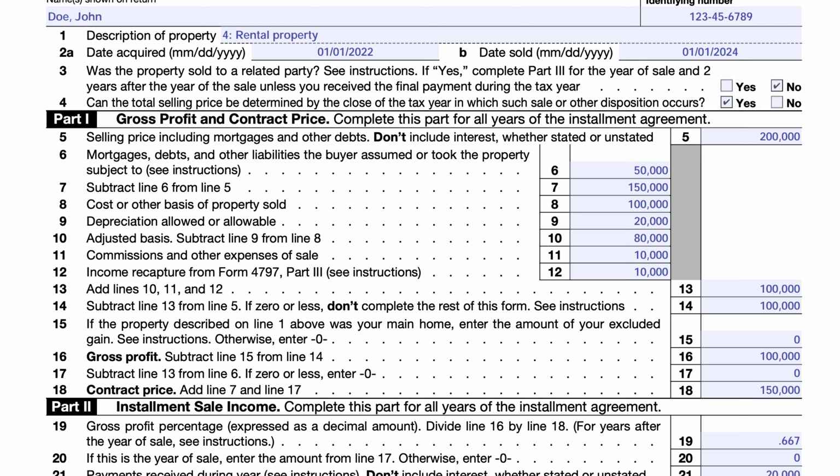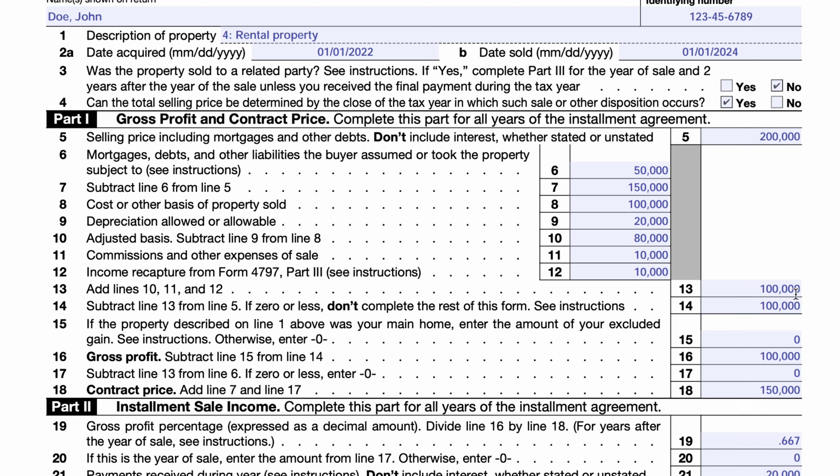This is fully taxable in the year of sale, even if you didn't receive a payment. So you will see this come up again, but basically you're paying the tax on the income recapture of depreciation that you might have claimed in prior tax years. You're going to claim that as ordinary income in the year of the sale.